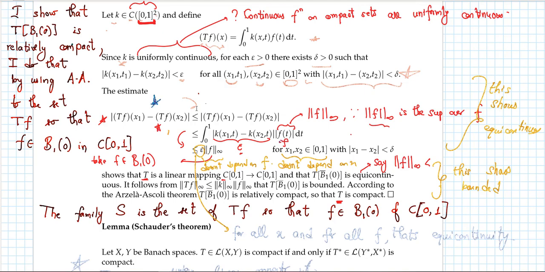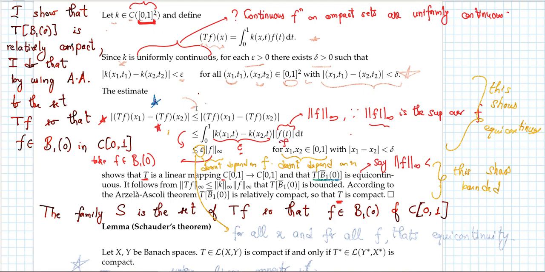So I can say that all such Tf's are equicontinuous. That's why I say that T(B(0,1)) is equicontinuous, because for all functions in T(B(0,1)), this is less than epsilon with x1 minus x2 less than delta. This is just the definition of equicontinuity.